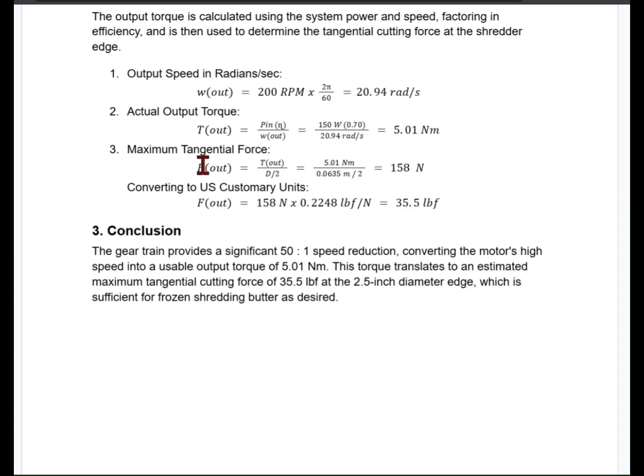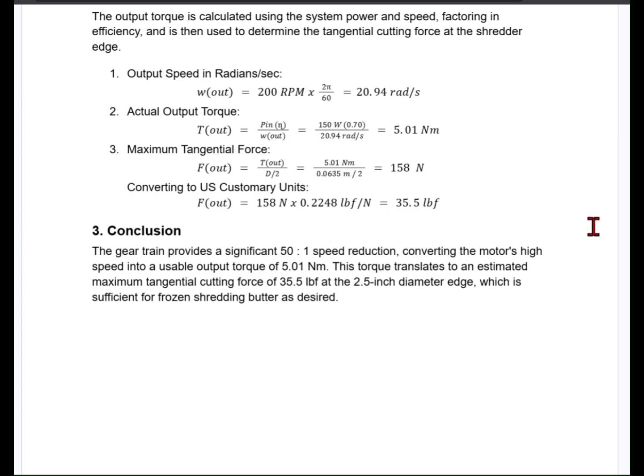So torque is R cross F, so we divide by R, diameter over 2, to get that force. So our calculated torque divided by our radius, or half of our diameter, we get 158 Newtons. Then converting that into American units, we get 35.5 pound force.